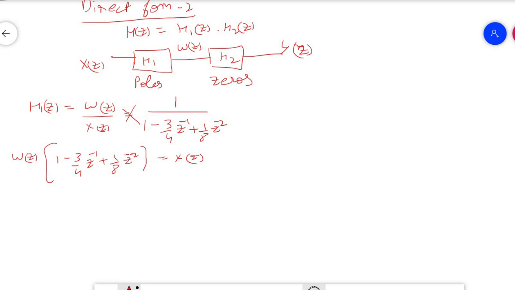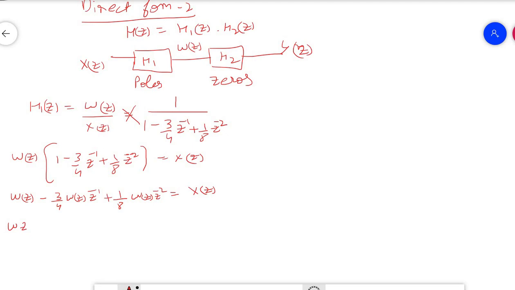Now solve this. W(z) minus 3 by 4 W(z) z minus 1 plus 1 by 8 W(z) z minus 2 equal to X(z). Now after that, you have to take the output here.